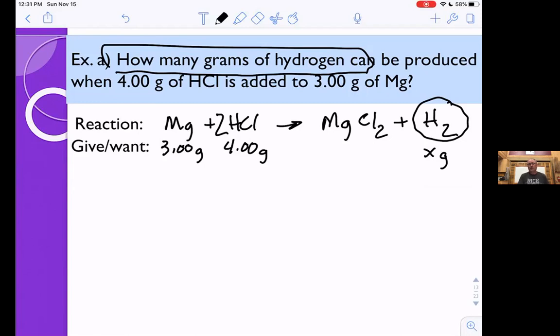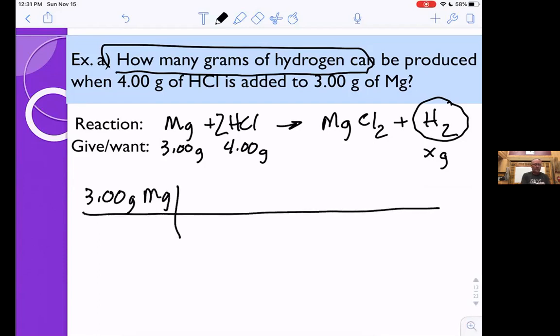I don't know that. And so what I've got to do is solve for the amount of hydrogen that is produced from the magnesium and the amount of hydrogen that is produced from the hydrochloric acid. So I'm going to set this up and then turn you loose to try it on your own. You start with your 3.00 grams of magnesium and change that to hydrogen as one equation.